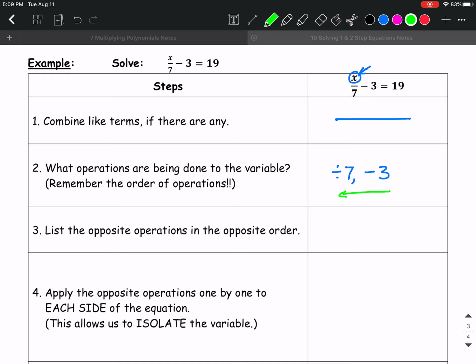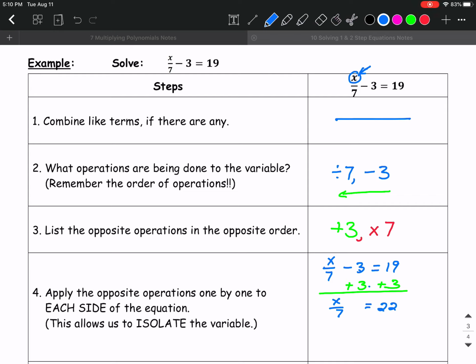What's the opposite of subtracting 3? That's adding 3. What's the opposite of dividing by 7? That's multiplying by 7. So here we go. I'm going to rewrite the equation down here: x over 7 minus 3 equals 19. Well, we're going to add 3 to both sides. And that's going to give us x over 7, and the 3's are going to add to 0. And 19 plus 3 is 22.